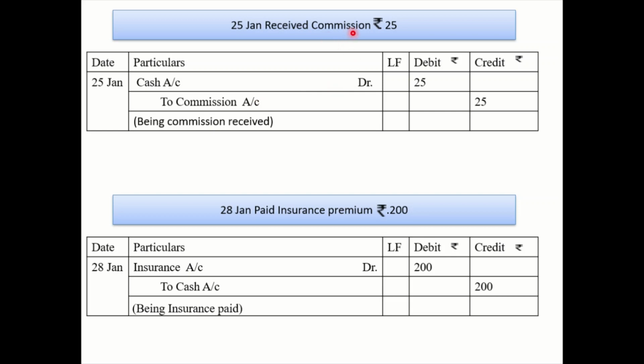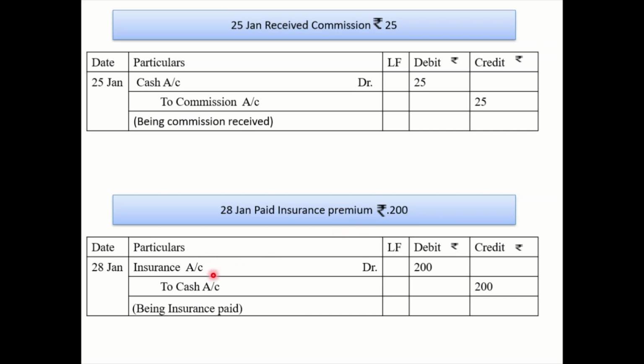Here commission is received, which means that is income or gain. That's why, as per the nominal account rule, credit income and gain. So we record commission account on the credit side. Narration: being commission received.